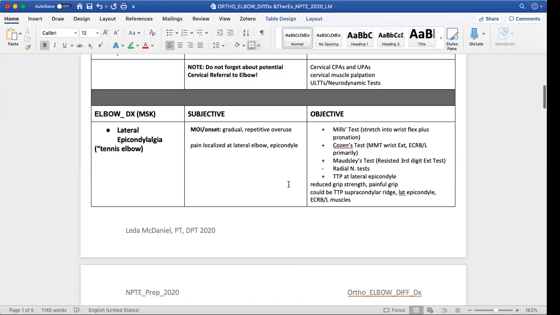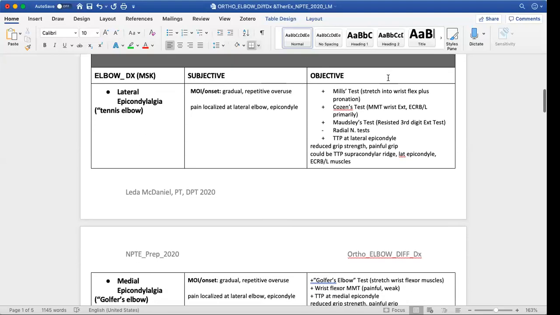Your differentiating factors here are going to be your provocation tests at the neck. If you can create forces at the neck that reproduce a patient's elbow pain, then we're thinking maybe the neck is the pain generator versus tissues around the elbow. So those are going to be your joint tests, cervical CPAs and UPAs, cervical muscle palpation. It's going to be important to rule out the neck, and then also your neurodynamic testing.